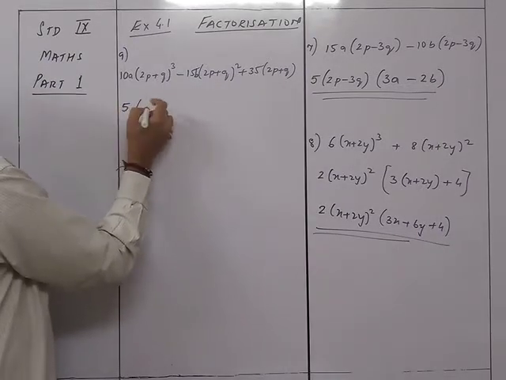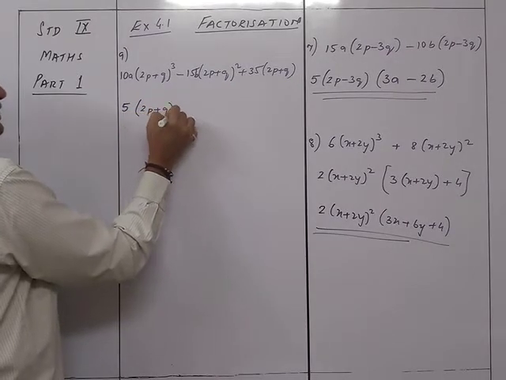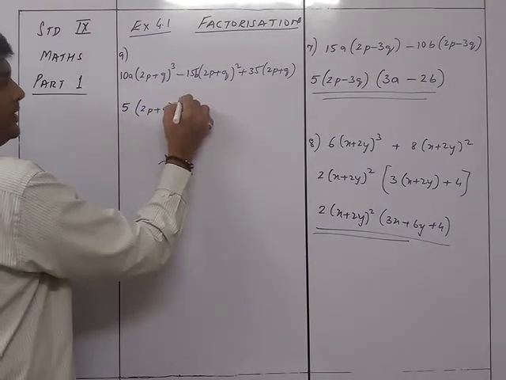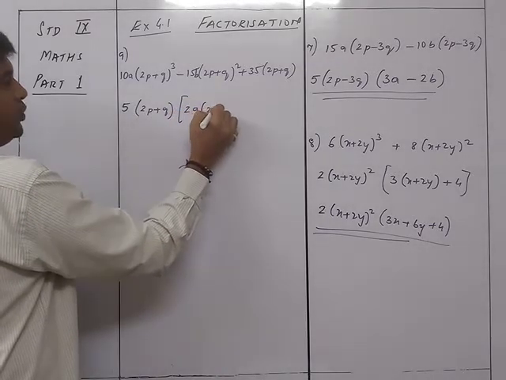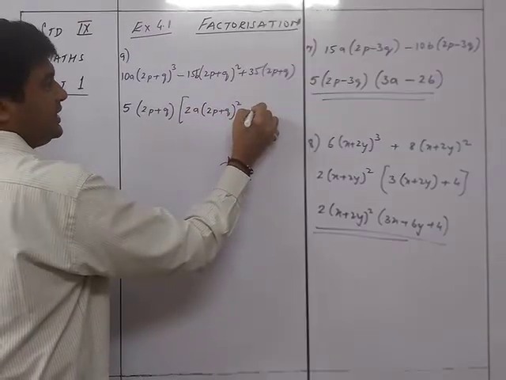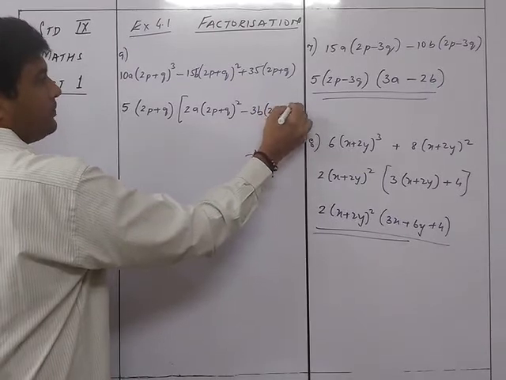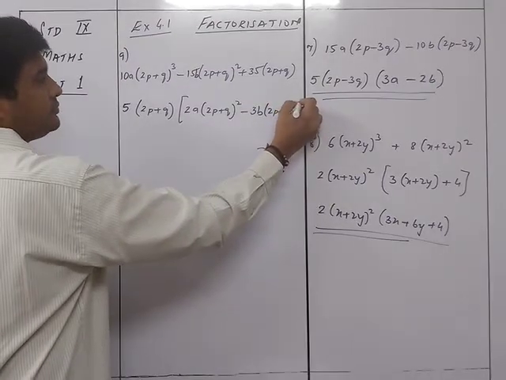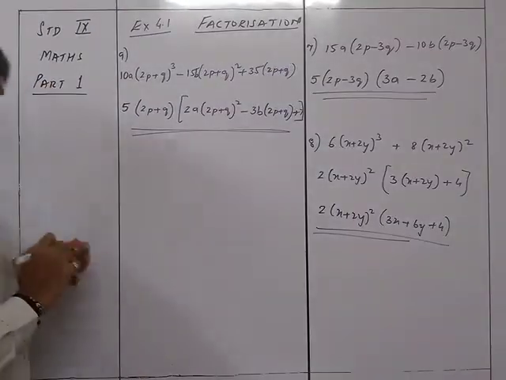In the bracket part, (2p plus q) is the least degree, so that is going to be common. What will remain inside will be 2a(2p plus q) the whole square, minus 3b(2p plus q), and plus 7.